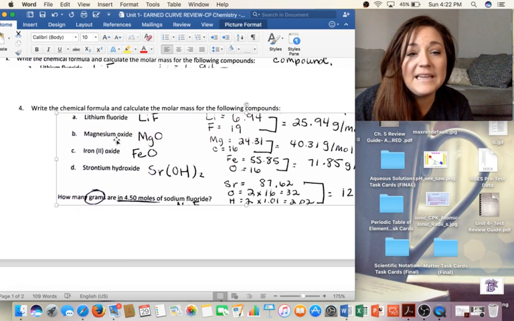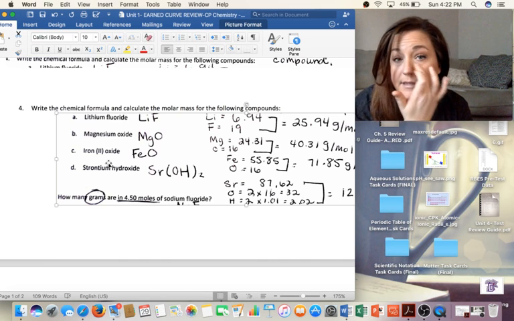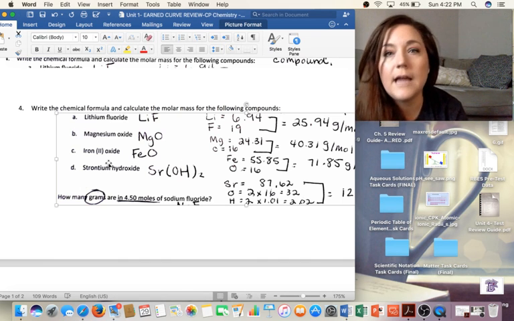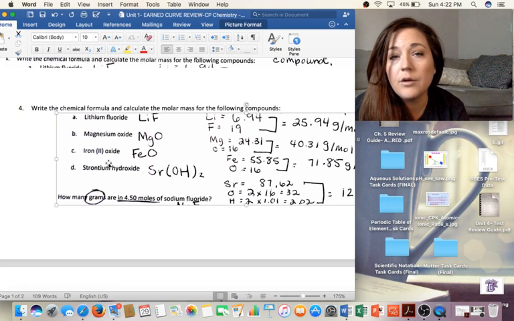All right, magnesium oxide. Remember, that's magnesium and oxygen. And we went over how to name, read, and write these out last semester. The second to last unit, we went over covalent bonding, ionic bonding, naming, writing out the chemical formula name, all of that.